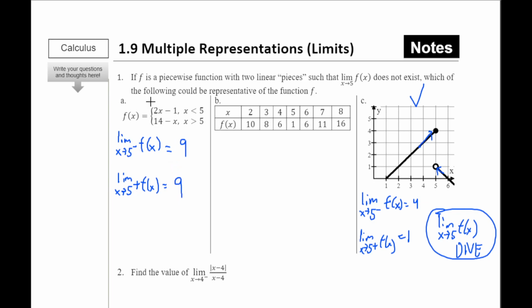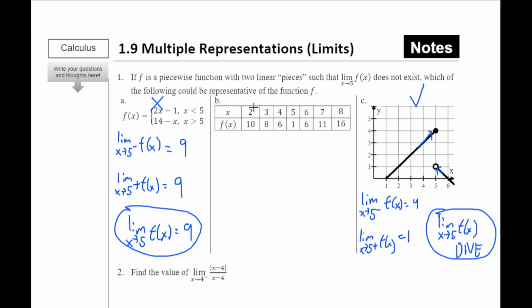So the general limit does exist. The left and the right are both approaching 9, therefore the general limit is 9. But this question is asking which one does the limit as x approaches 5 not exist, so cross that off since the limit does exist here. So we have to look at part B.